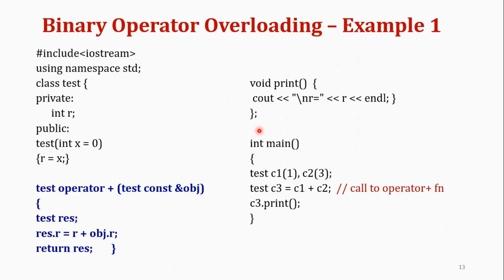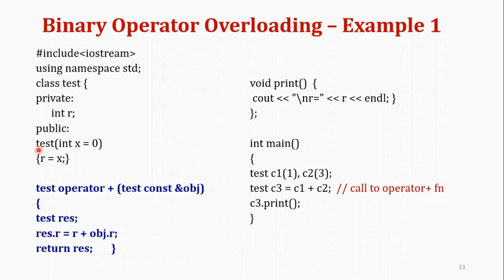So here I'm going to overload the operator plus. Operator plus is going to be overloaded. So there will be 2 objects to be added with the operator plus. Okay, so my class name is Test, private data r, integer member data r.